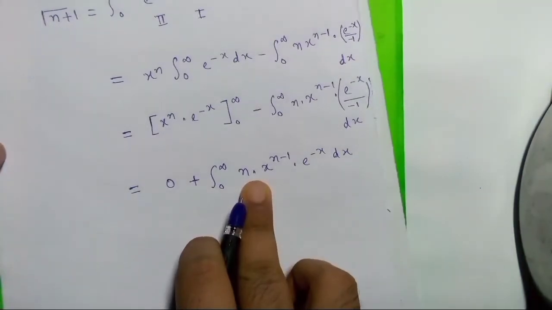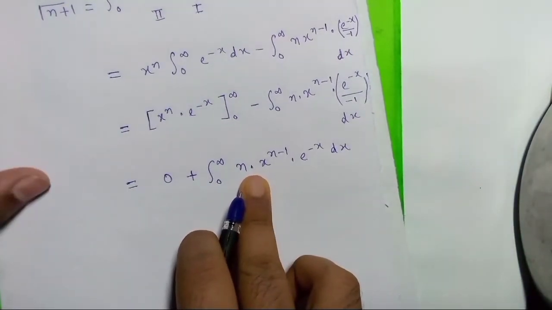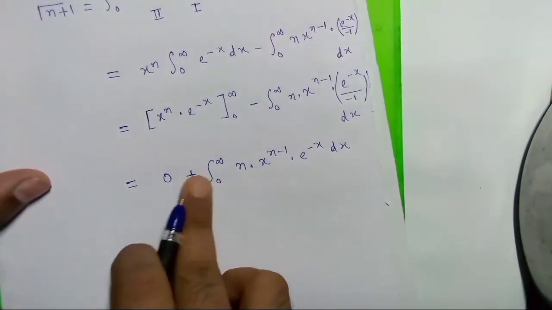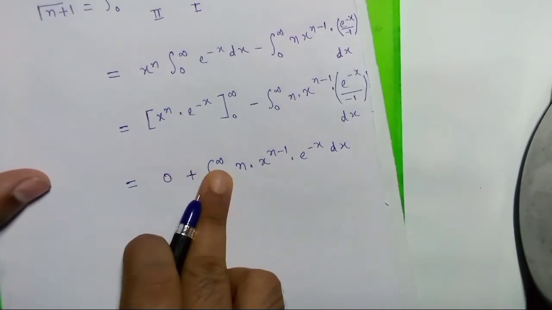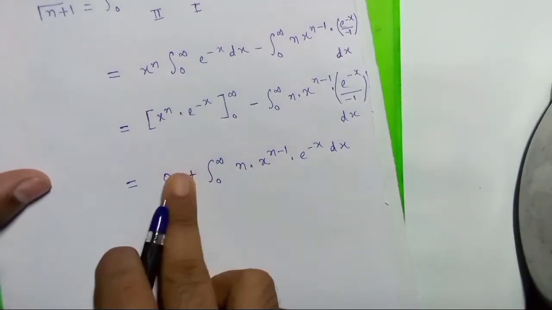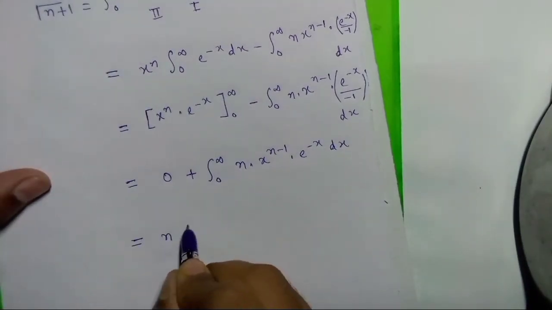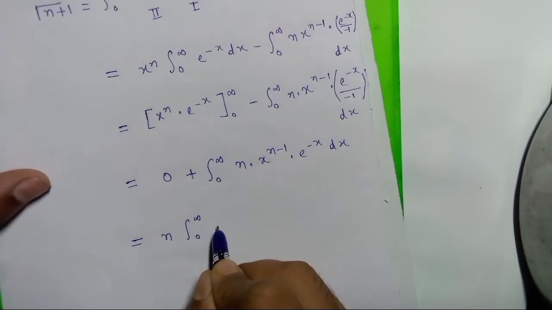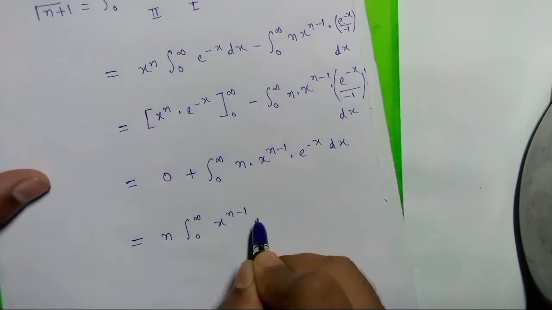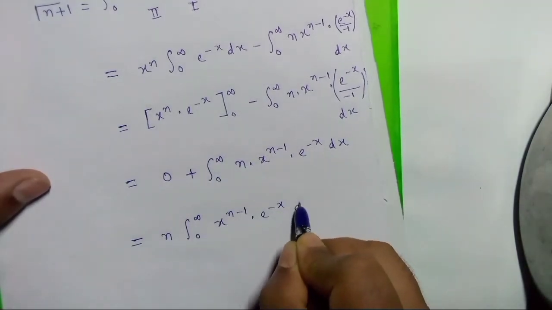Here n is a constant, so we move this term outside the integral sign. The integral of x to the power n minus 1 e to the power minus x dx.